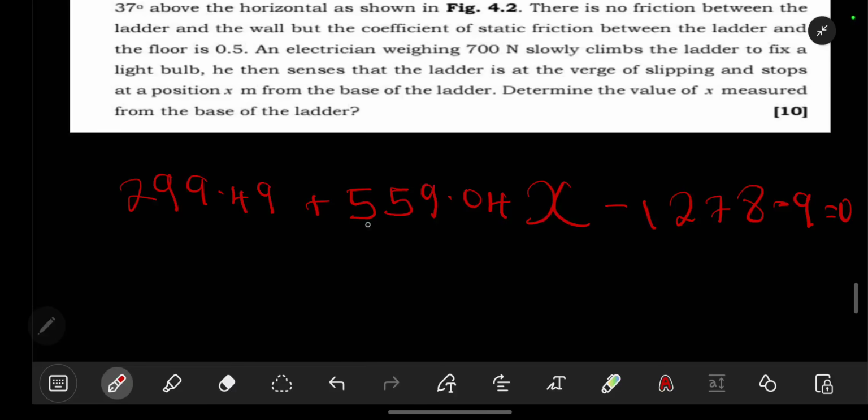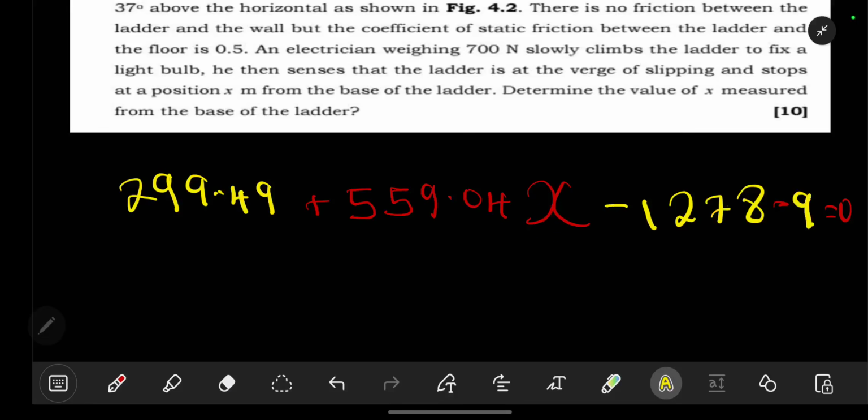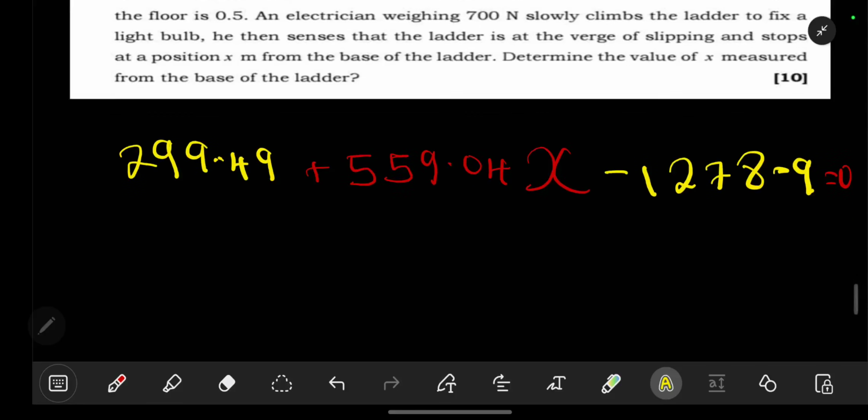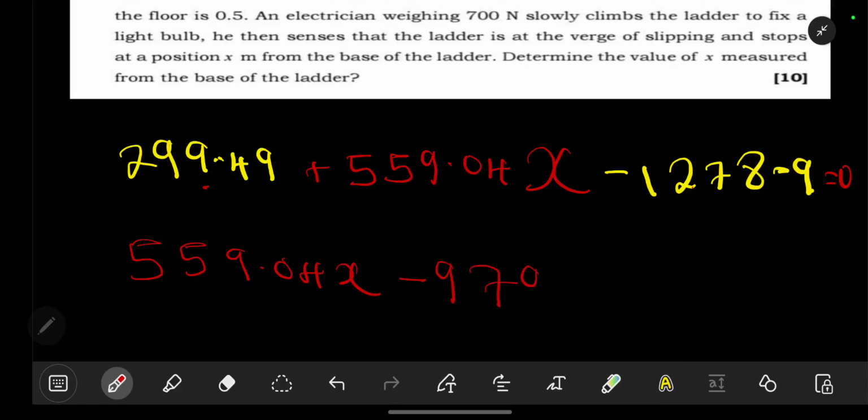So now the like terms that we have here are this one and this one. So we are going to add them, or rather subtract them. When we subtract, first we have this value which is untouched, 559.04 x. This and this, we are going to have negative 979.4 should be equal to 0, like that.